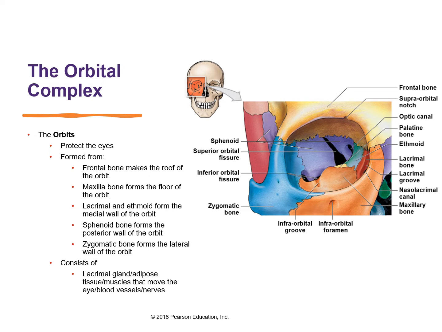It's going to be formed from the frontal bone that makes the roof of the orbit, and the maxilla bone that forms the floor of the orbit, right? So many bones are articulating, coming together to make these orbits. You have the lacrimal and the ethmoid that form the medial wall of the orbit, and the sphenoid bone is going to form the posterior wall of the orbit, whereas the zygomatic bone is going to form that lateral wall, that outside wall of the orbit. Okay.